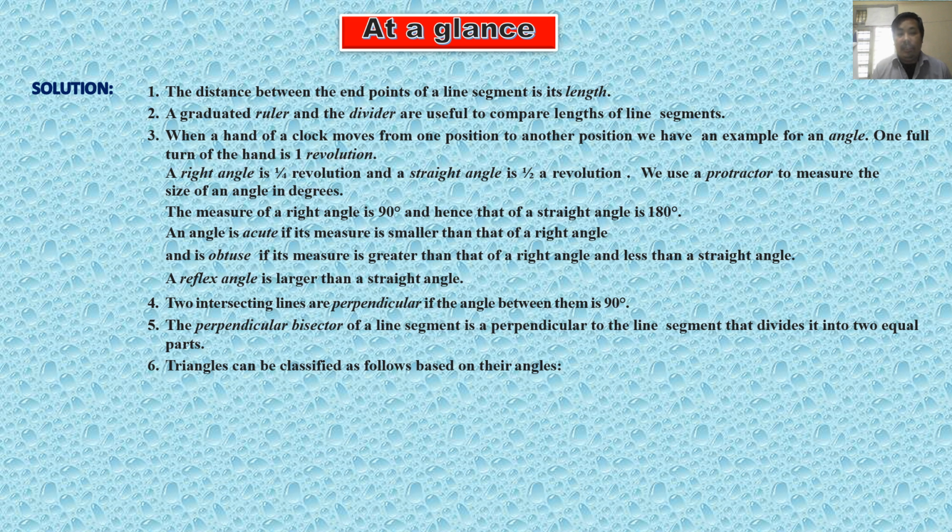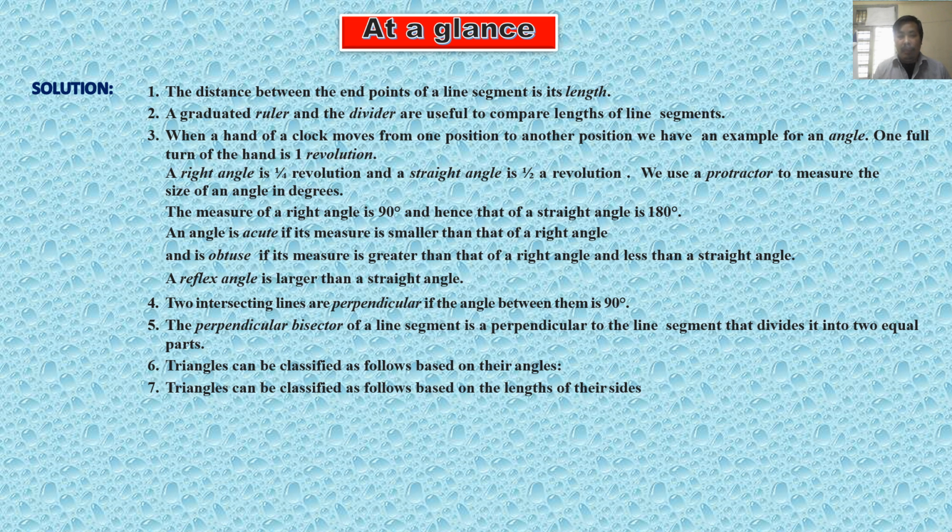We have many triangles, like scalene triangle, equilateral triangle, then right angle triangle, obtuse angle triangle, and acute angle triangle. These are all different types of triangles. If classified according to the angle, then we have right angle triangle, obtuse angle triangle, or acute angle triangle. Then triangles can also be classified based on the length of their sides.